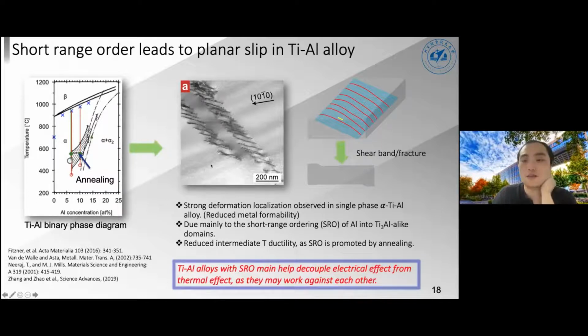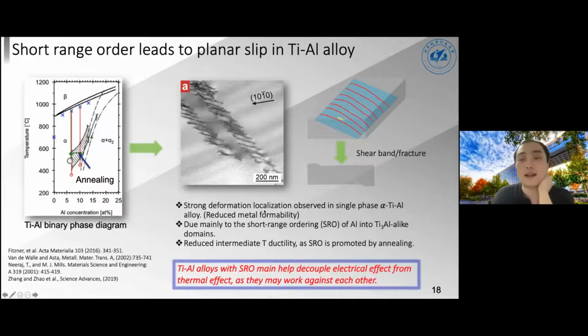The consequence of the short-range order on plastic deformation is that it leads to planar dislocation slip, which potentially is the cause of shear localization and therefore the early fracture of the material. Therefore, as you can imagine, the ductility of this material is not going to improve if you increase the temperature to an intermediate temperature, because at this temperature, the heat basically promotes short-range order and planar slip.